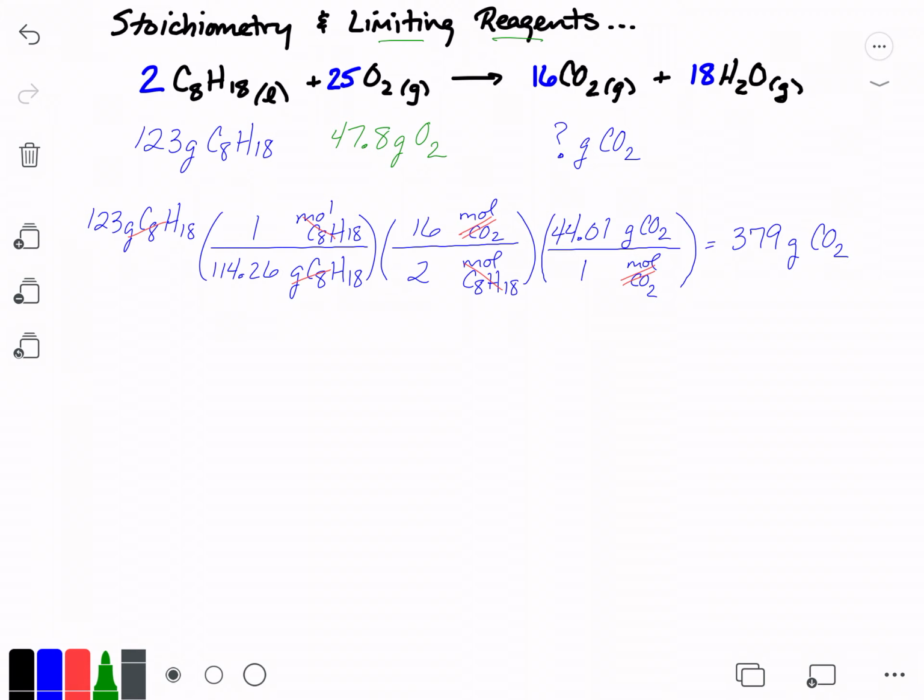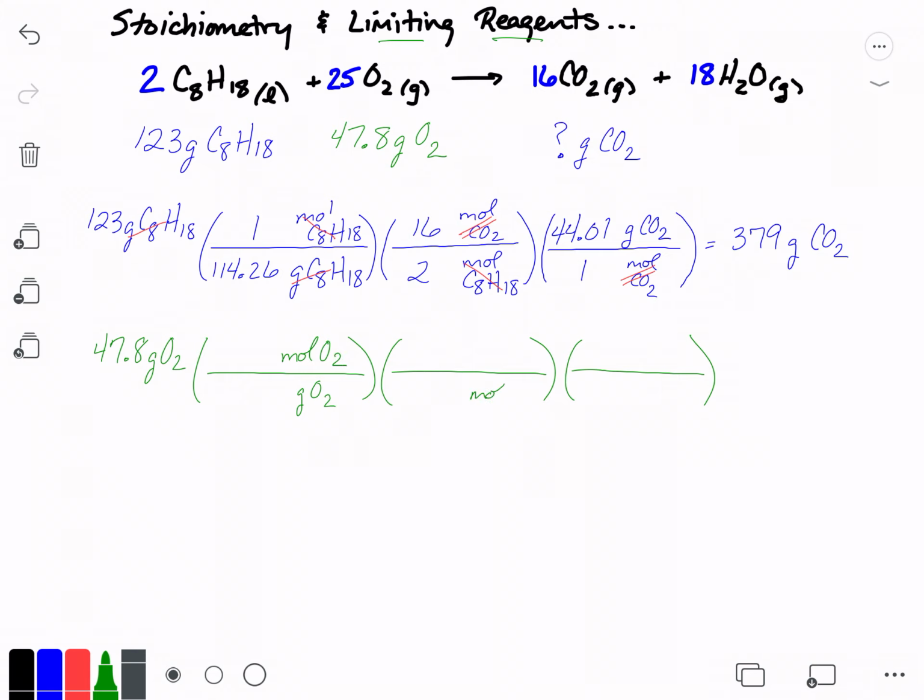The way we're going to figure this out is just to do the same exact stoichiometry, but starting with each reactant. So I've already done the octane line in blue. Now I'll go down below, and we can do exactly the same sort of three-step process using the other reagent. So my same 3 steps, I'll convert starting quantity to moles in step 1.